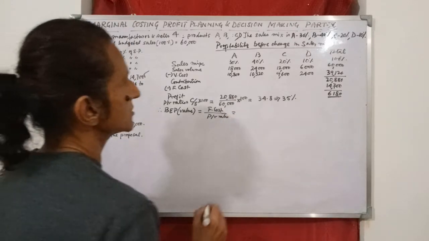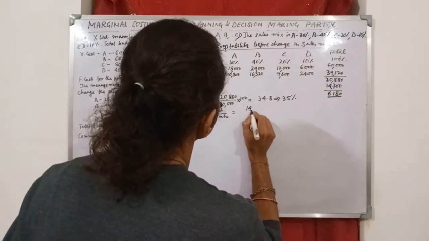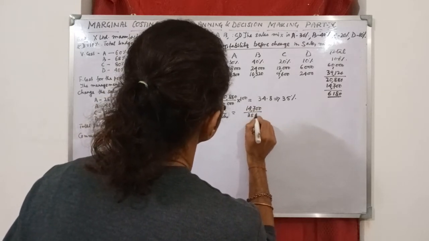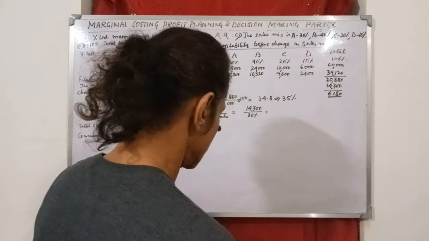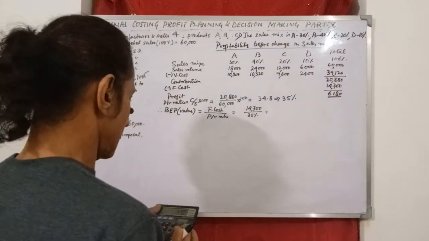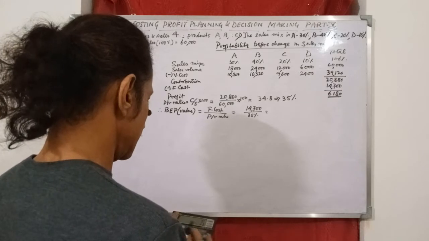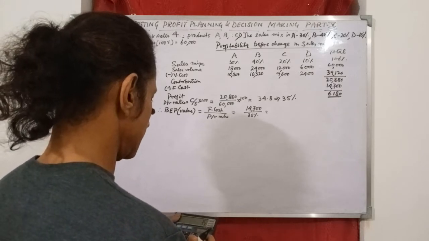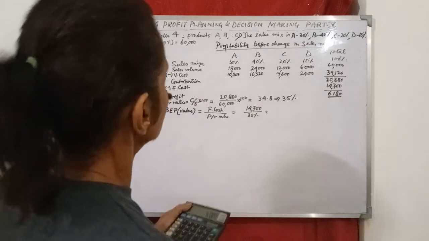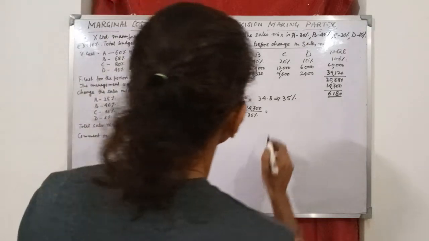How much is fixed cost? 14,700 divided by 35%. That is 42,000.